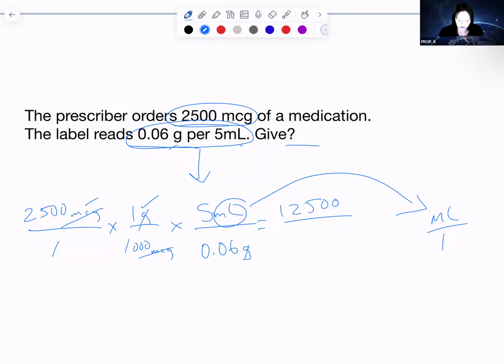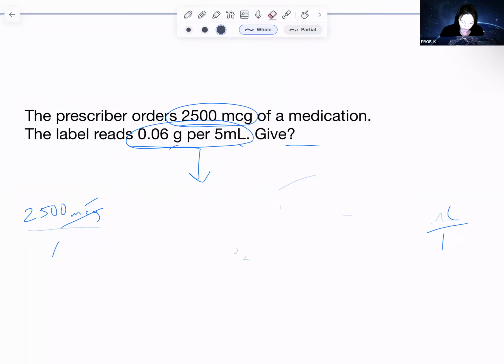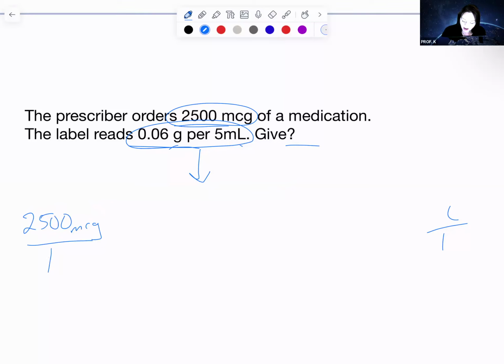Oh my gosh. I found my own error. And thank you for bearing with me. So I made an error that you guys will probably recognize right away. So the doctor ordered 2,500 micrograms. I have to give milliliters because that's how it comes. But what I did wrong was I didn't do all the steps of the conversion.